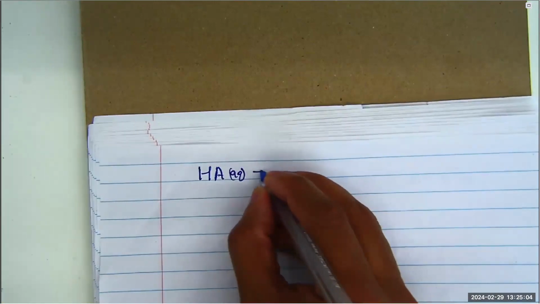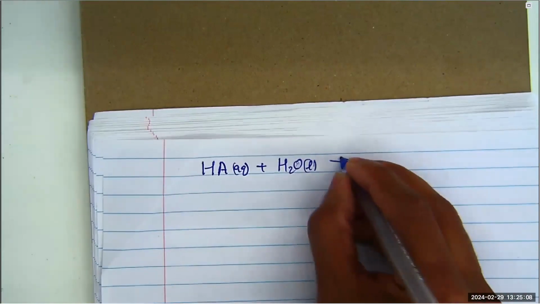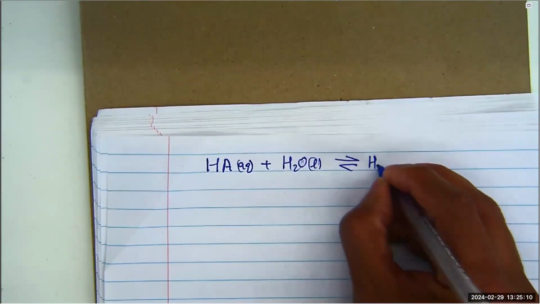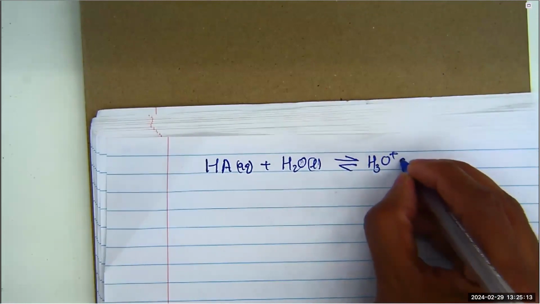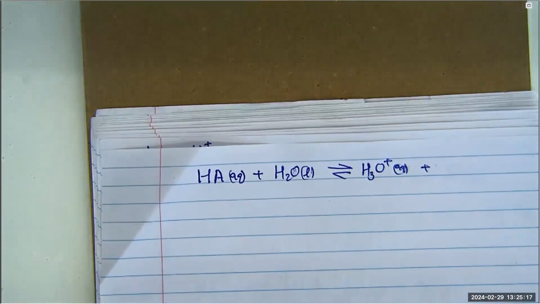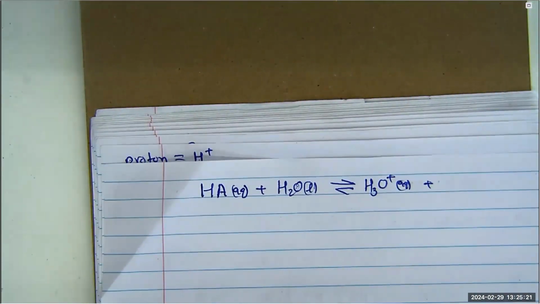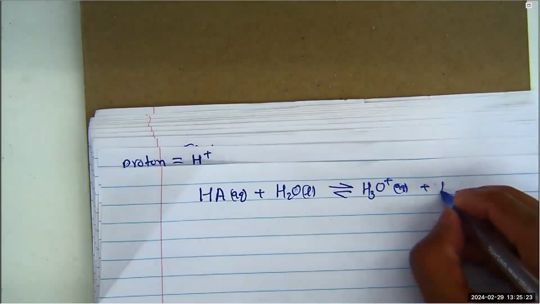Okay. When an acid reacts with water, it's going to produce H3O plus aq. What does it produce? Everybody, H3O plus, and what does it produce? A negative. Okay, so A minus ion.